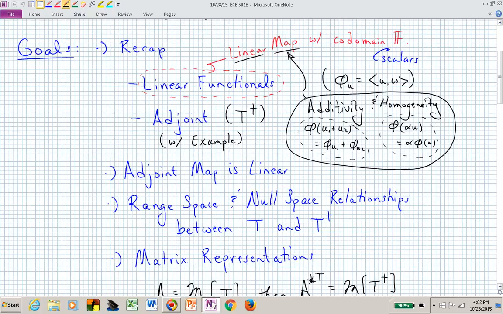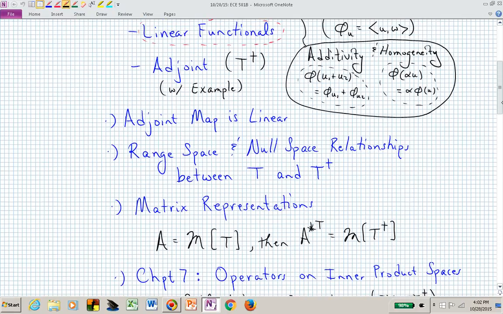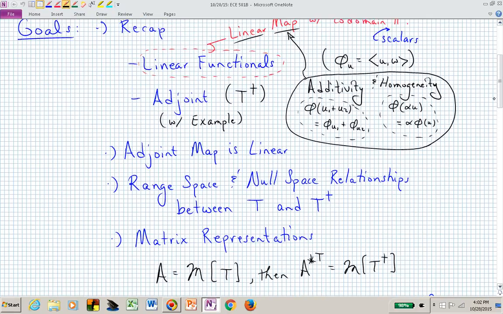Then we will again recap what we had quickly defined to be the adjoint, and we'll walk through a quick example there. And we will then start going through some of the properties of the adjoint, showing that it's linear, which really are the same two properties that we've used for this linear map, additivity and homogeneity.